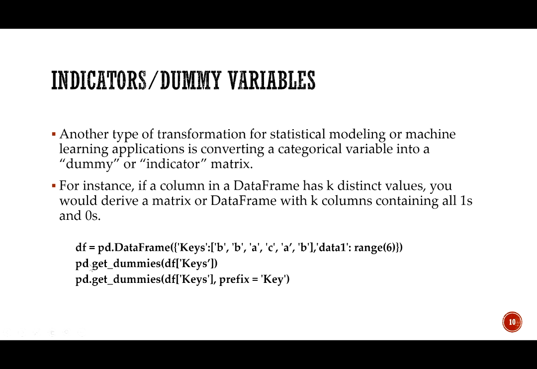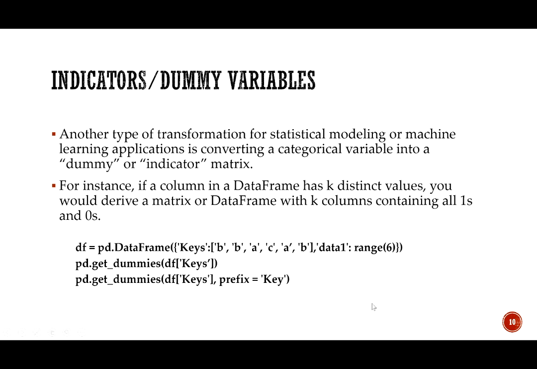So we call the pandas library, then we apply get_dummies, and then we specify the column, here keys. And sometimes you prefer to add a prefix to the column, and then you can pass prefix equal to key, and then you are going to see key underline the column name.